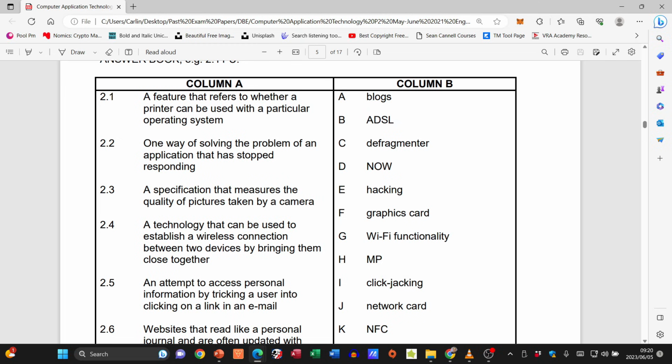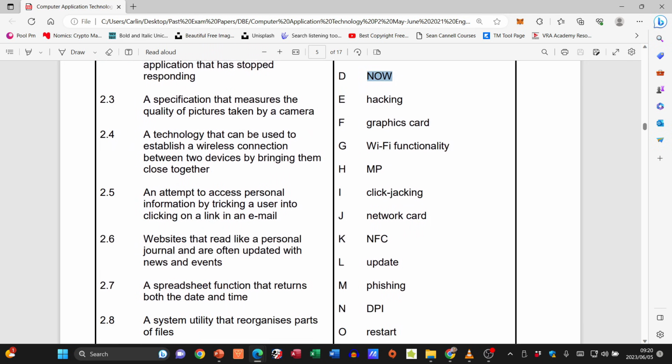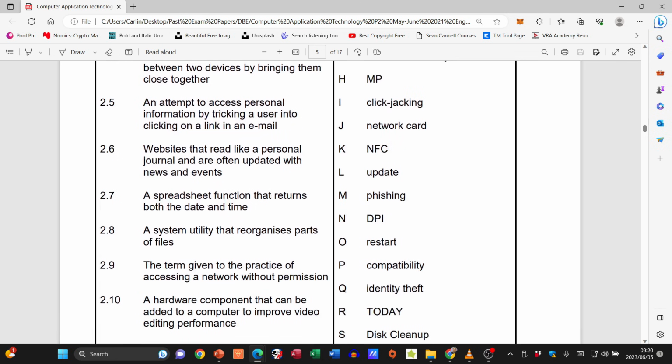It says a feature that refers to whether a printer can be used with a particular operating system. Now, we know what blogs are. We should have an idea. Our online diary. ADSL refers to our internet. This is a utility of Windows. This is a formula in Excel. Nothing seems to be matching up here.